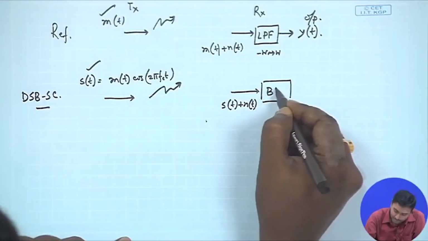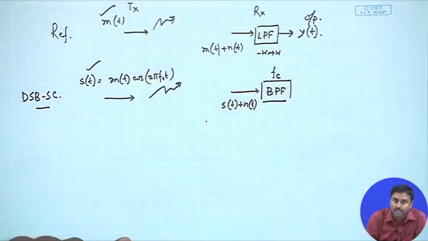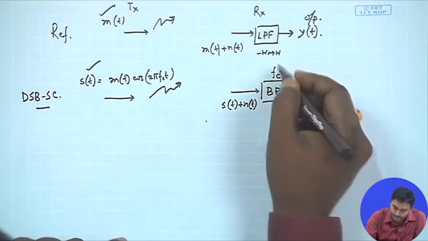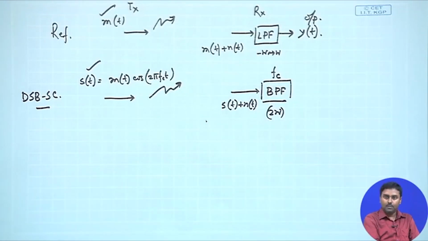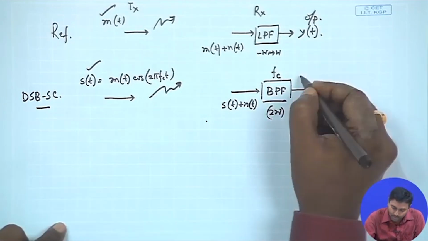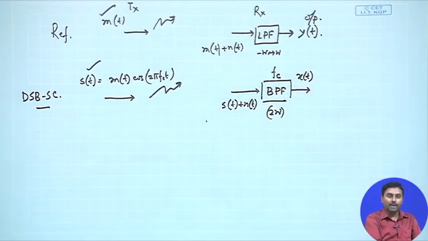So, I should be putting a band pass filter which is centered around f_c, which is exactly the modulating frequency, and bandwidth is 2W. That is the first thing we will be putting. This we call, let us say, x(t), after passing through the band pass filter.